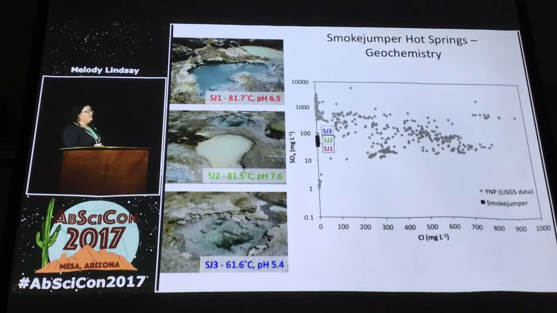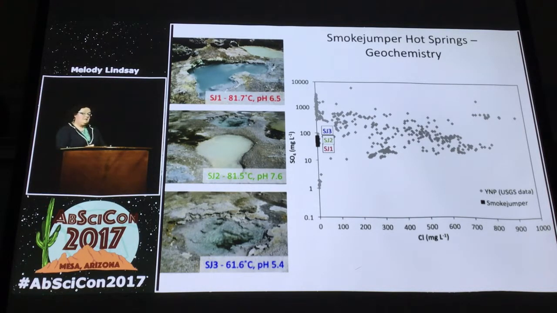We sampled three different springs, Smoke Jumper 1, 2, and 3, which do differ in their geochemistry slightly, but you can see from this plot of sulfate concentrations on the y-axis and chloride concentrations on the x-axis that these three springs all plot in the middle of this log scale of sulfate, but very low on the chloride scale, so pretty much no chloride. This indicates to us that these springs are primarily or almost exclusively vapor phase influenced.